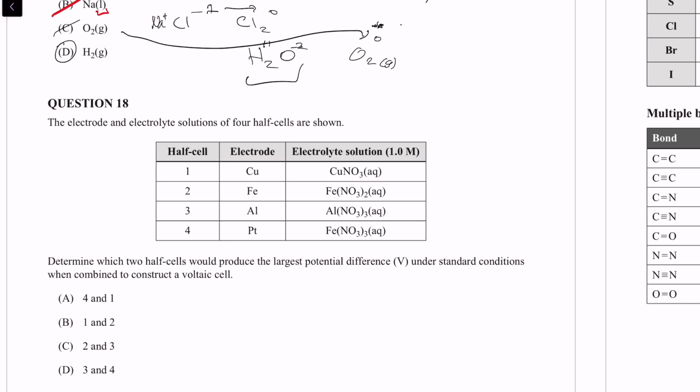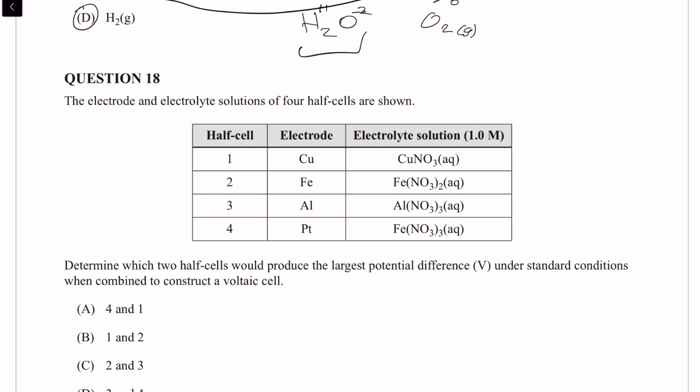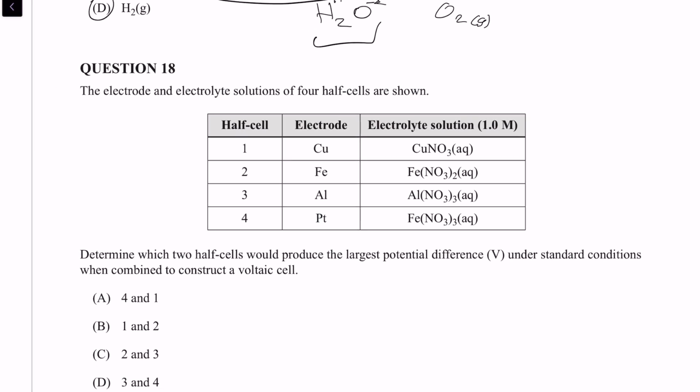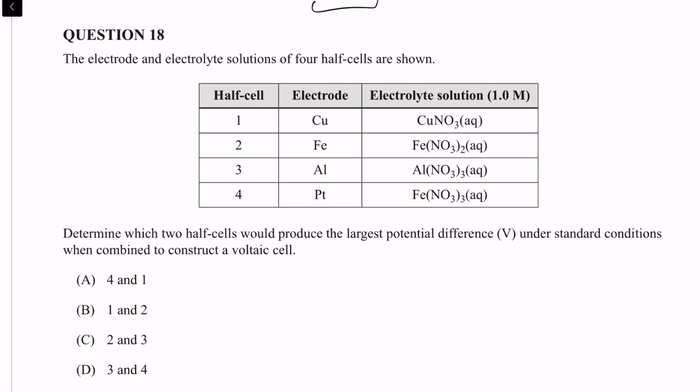Okay, so question 18. We have 4 half cells, 1, 2, 3, and 4, with the electrode and the electrolyte solution, and we're basically trying to find which pair of these would produce the largest potential difference in volts under standard conditions when combined to construct a voltaic cell.